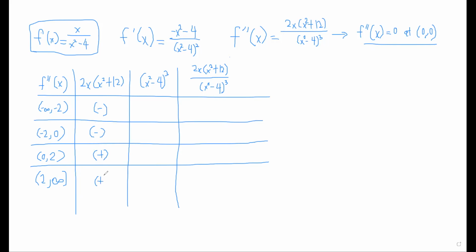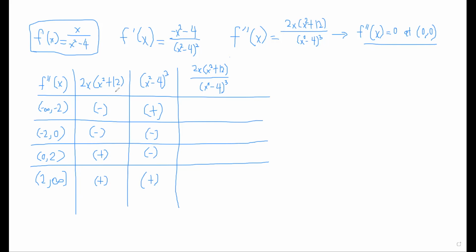Piece of cake. Okay, let's just focus on x squared minus 4. X squared minus 4, squared, will always be non-negative. So I know it's going to be positive here and here, I'm thinking of the parabola x squared minus 4, and will be negative here and here.